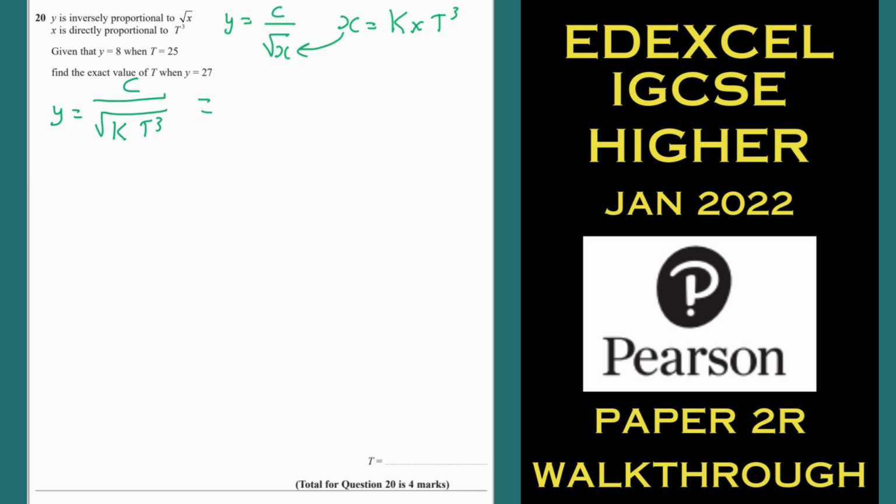Now here's the logic. It only tells us that y is 8 when t is 25. There's a c and a k, there's two unknowns. Here's the logic. What is an unknown number divided by the root of an unknown number?